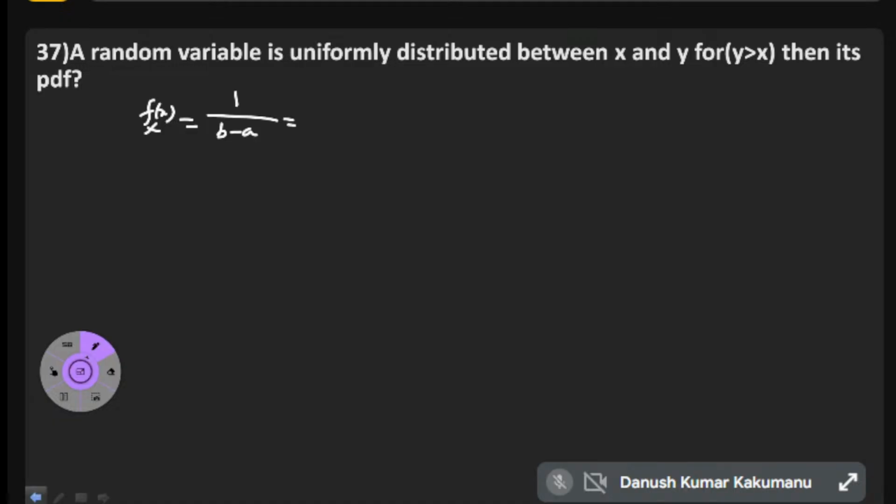The answer is 1 by y minus x. Very good. For which limits?